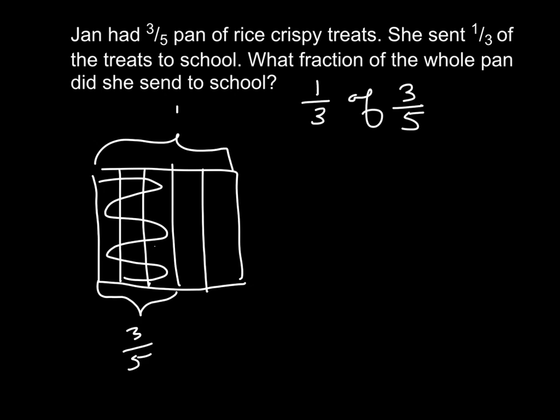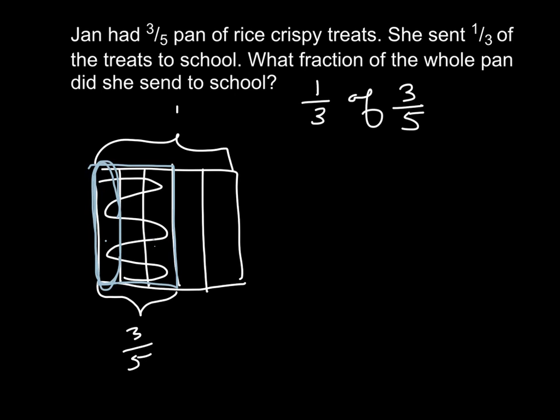But this time, instead of making my lines in the other direction, I'm going to look, and I notice that 3/5 is already divided up into thirds. I have 1, 2, 3/5. And so 1/3 is going to be one of those parts.